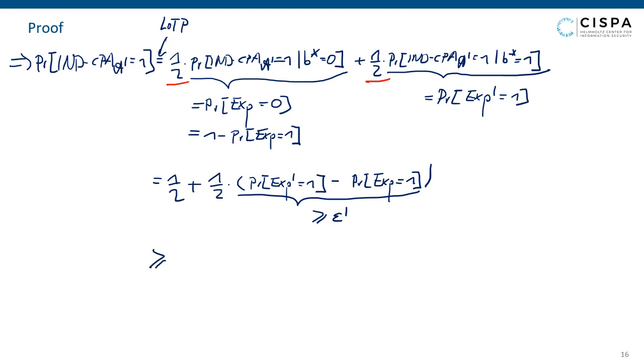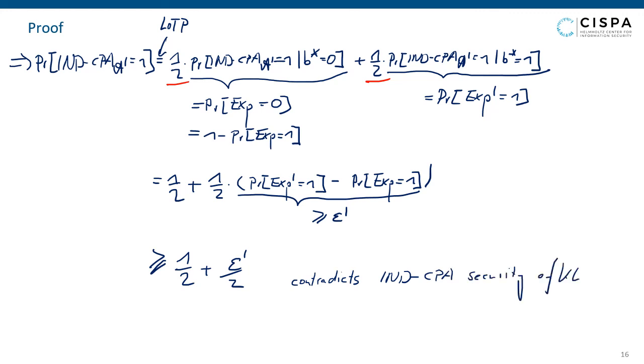So altogether, this is greater or equal 1/2 plus epsilon prime half, which of course contradicts the INDCPA security of the KEM. Okay, so let's go to the next slide.